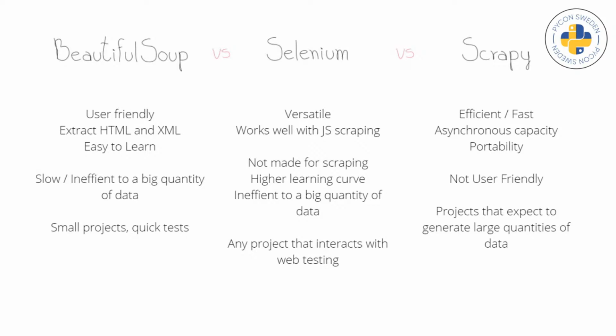It extracts HTML and XML files. As I said before, it is easy to learn. Of the cons, Beautiful Soup is slow and inefficient for large quantities of data. Also, it requires dependencies, so it may be annoying to transfer your project to other machines.